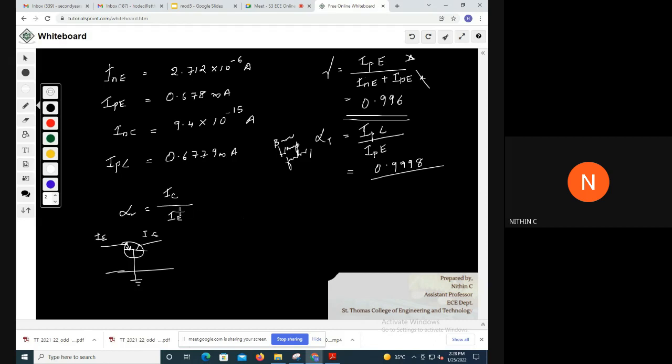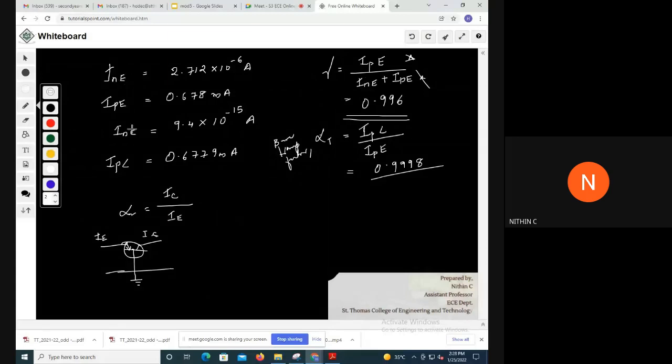So IC by IE, how do we get IE? If we sum these two values, INE plus IPE, you will get IE. When you sum these two values, what you get is IE. Both the INE and IPE, if you sum this, you will get IE. But there is a shortcut for this. This can also be represented as alpha T into gamma.